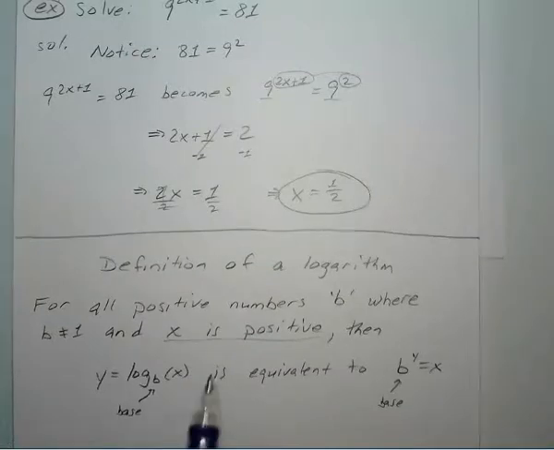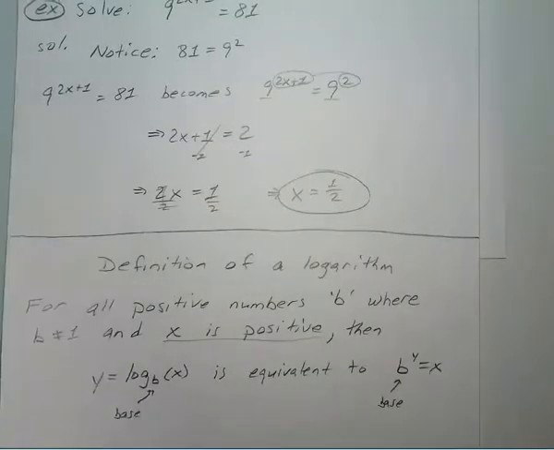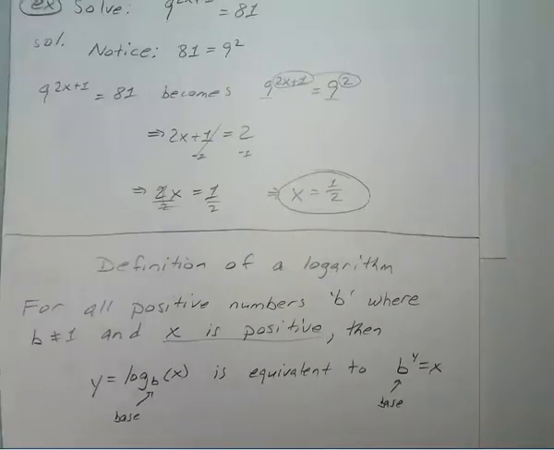Let's use this definition to convert some equations from logarithms to exponential form. If you're still writing, feel free to press pause. But we're going to go ahead and move on to our first group of examples.